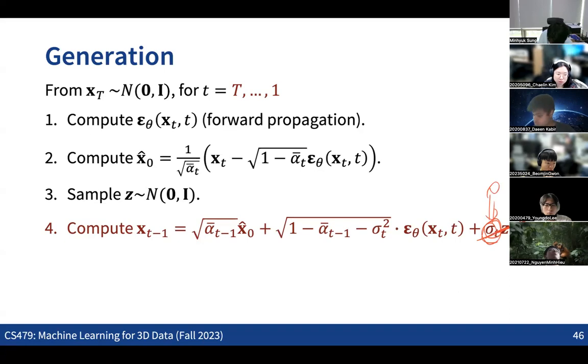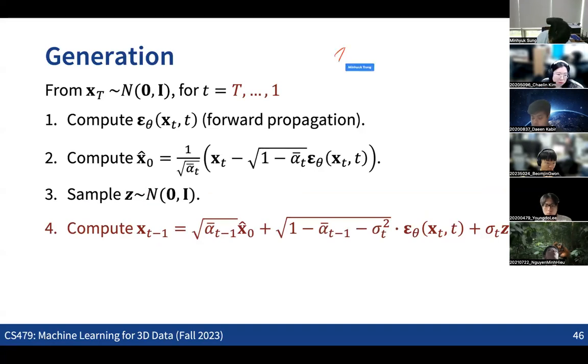We don't need to sample z, because x_{t-1} will be determined based on the x_t information that we have, and also the noise predicted by the neural network. So once we make this sigma 0, the whole process becomes deterministic.